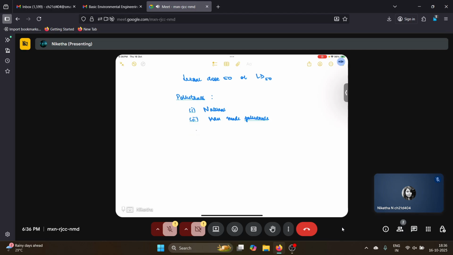And they can also be classified based on the source into point and non-point sources.